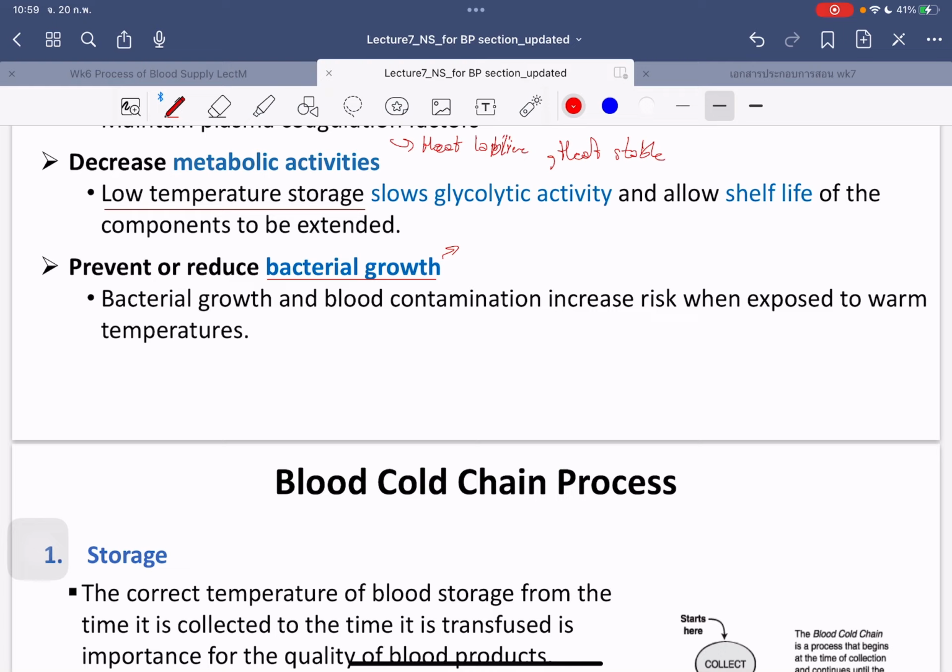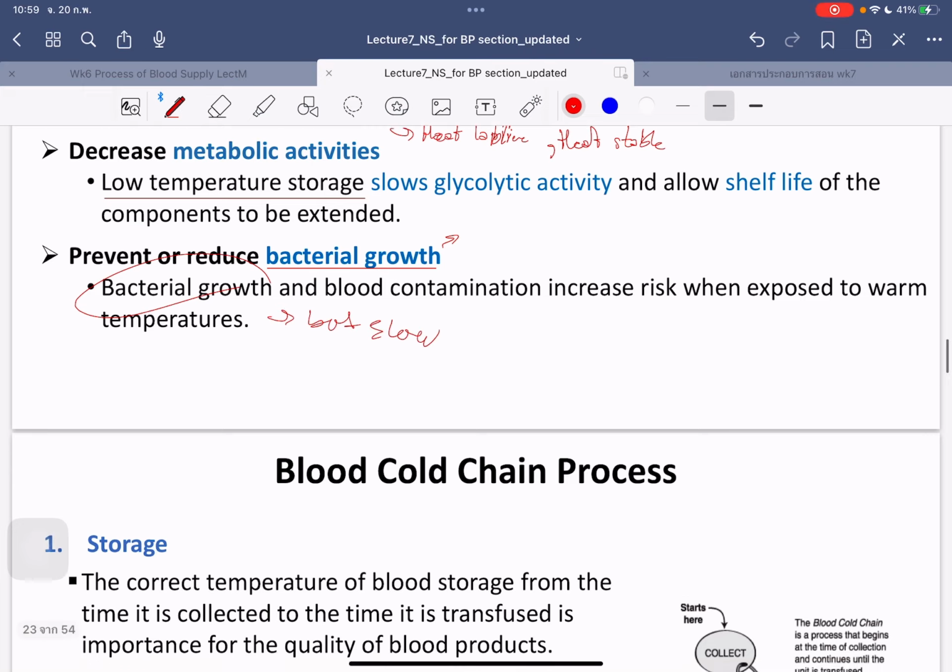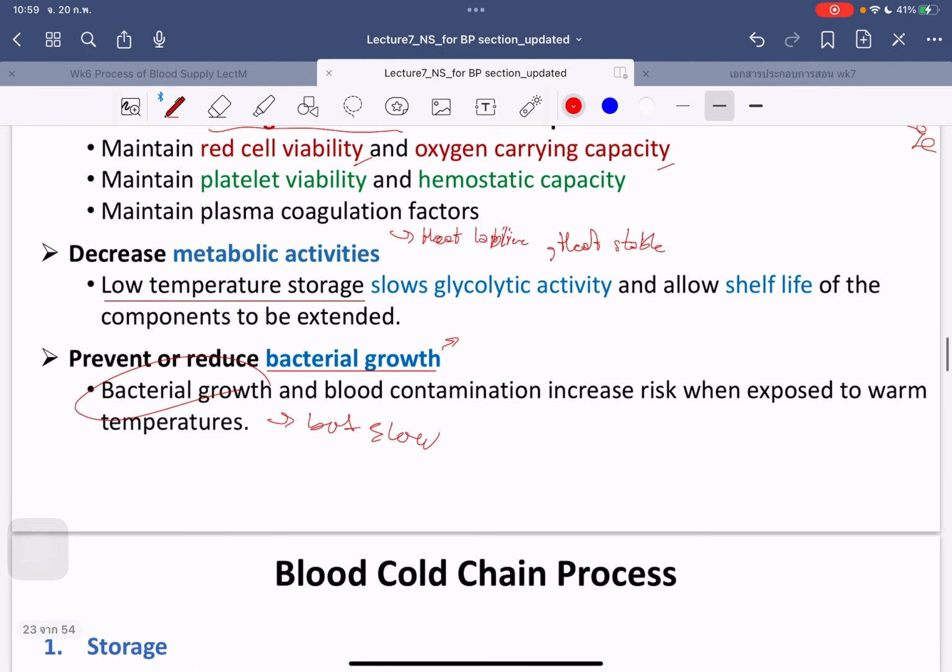It can. So actually it grows, but slowly. Bacterial growth is very important to be concerned about in the platelet component because we store it at 20 to 24 degrees Celsius.